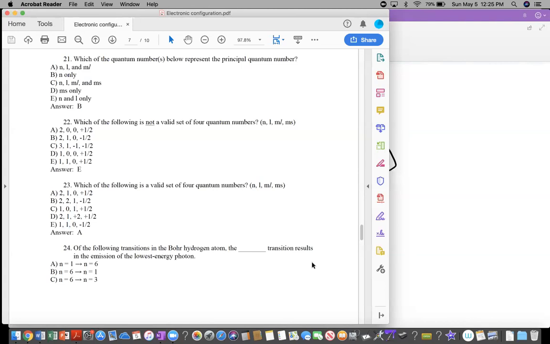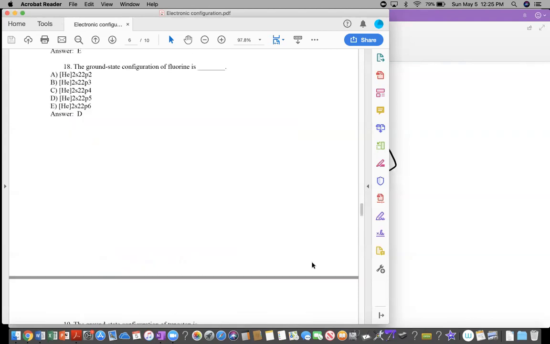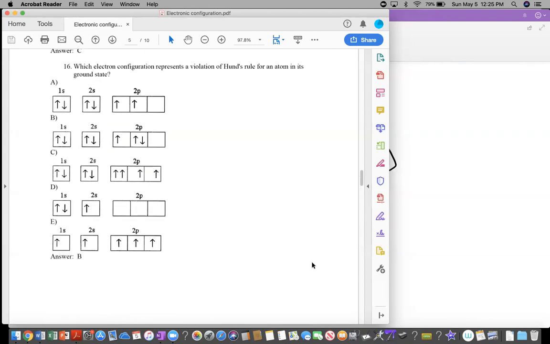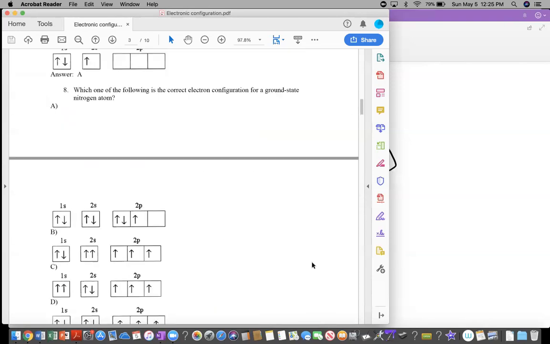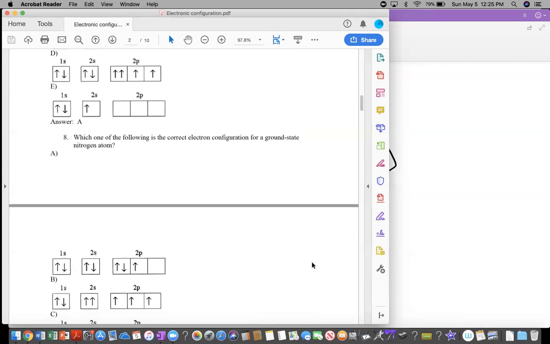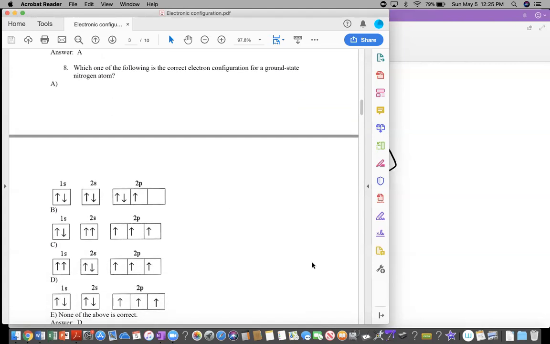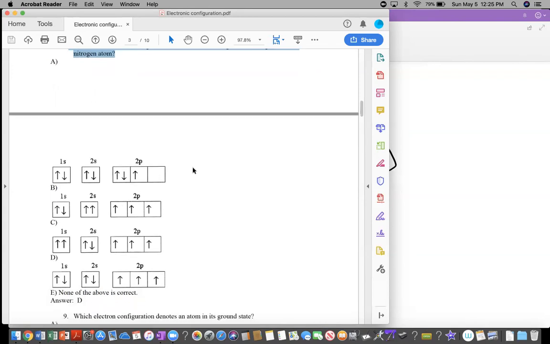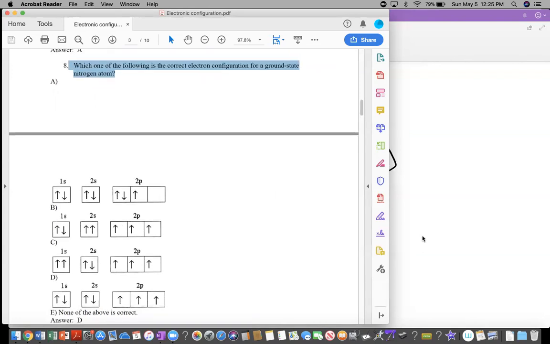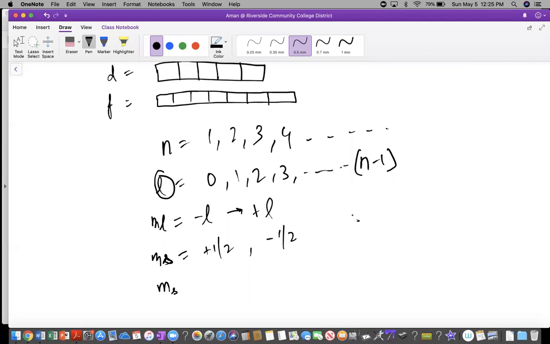On number 8 on this worksheet, how come it says D as an answer for the p's, because the electrons will keep going in the same direction for the 2p part? For number 8, it's saying for a nitrogen atom, which configuration looks right? Do you know the electronic configuration for nitrogen? Nitrogen has how many electrons? 7.